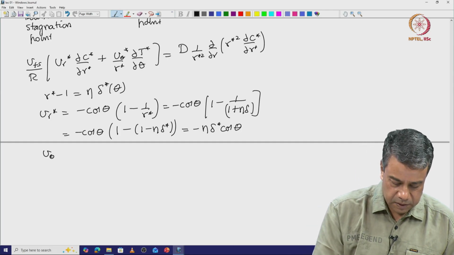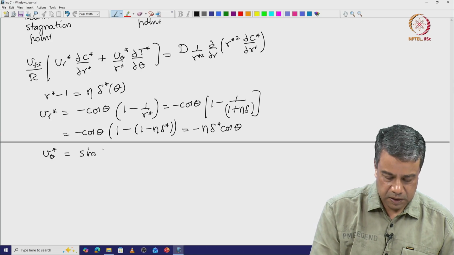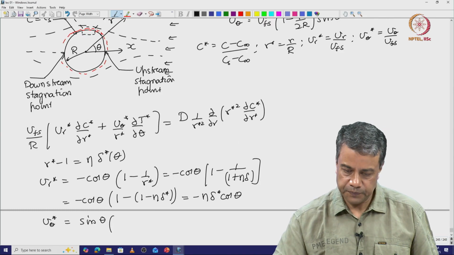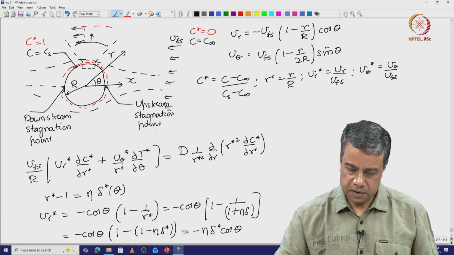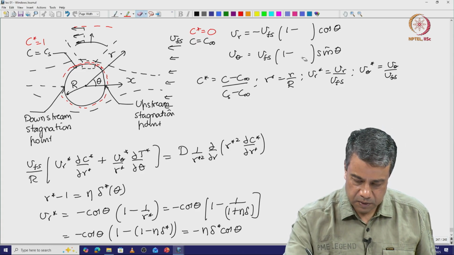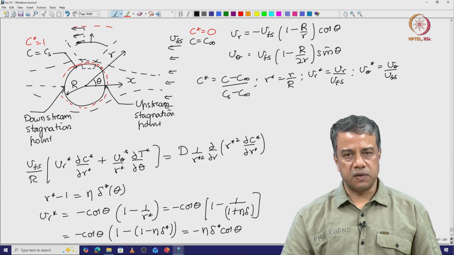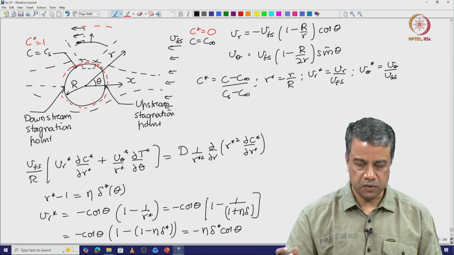And v theta is equal to sin theta into 1 minus... my apologies here, please note down the correction in this, it should be the other way around. R by r, this is r by 2r. The velocity has to decrease as 1 over r as you go away from the surface.